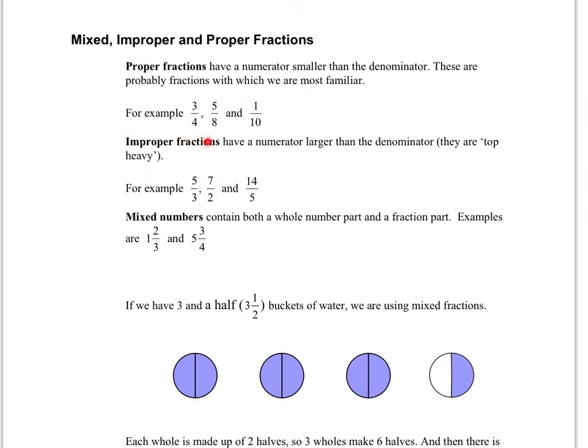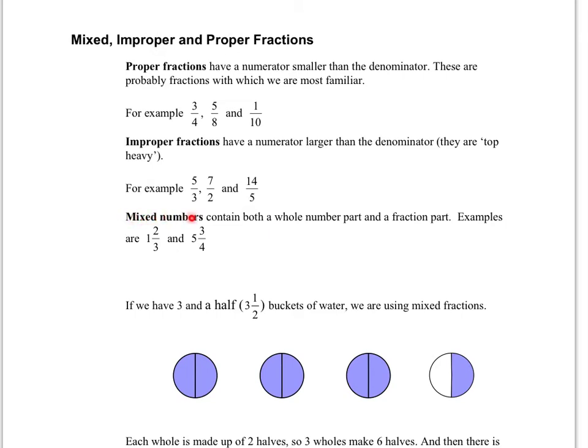Improper fractions have a numerator that is larger than the denominator. For example, 5/3. 5 in the numerator is larger than 3 in the denominator, and the same for the other two.